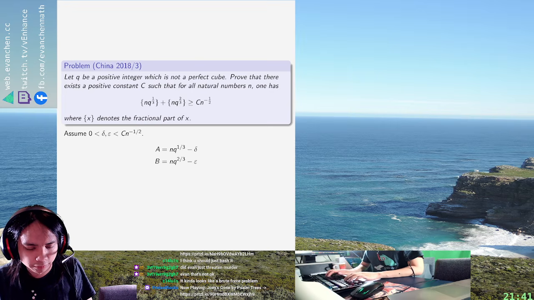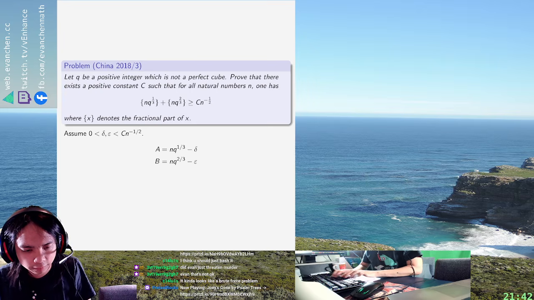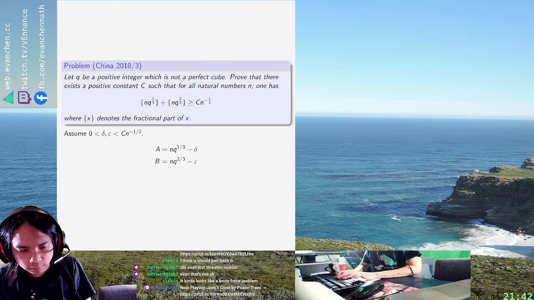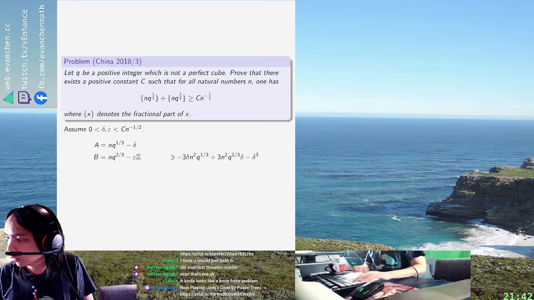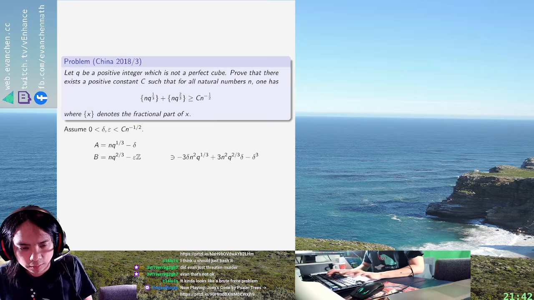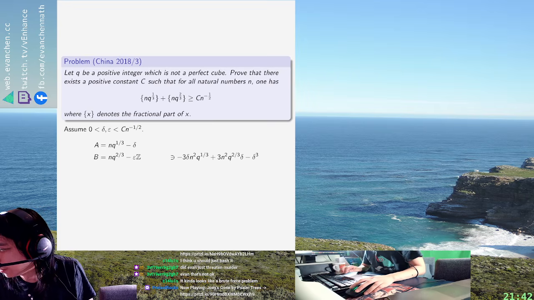This is an integer, so also an integer is minus 3 delta n q to the 1/3 plus 3n squared q to the 2/3 delta minus delta cubed. Yeah, I guess if there's cube roots, maybe I should be cubing things.